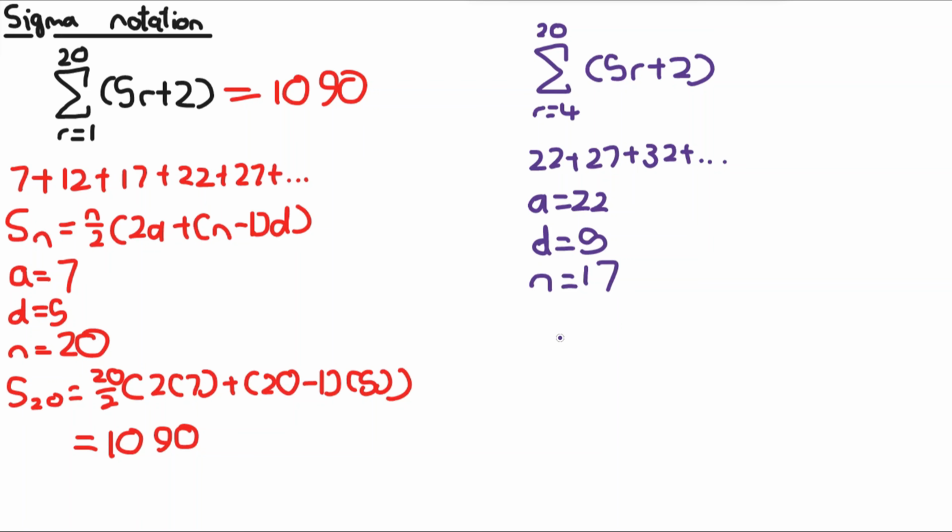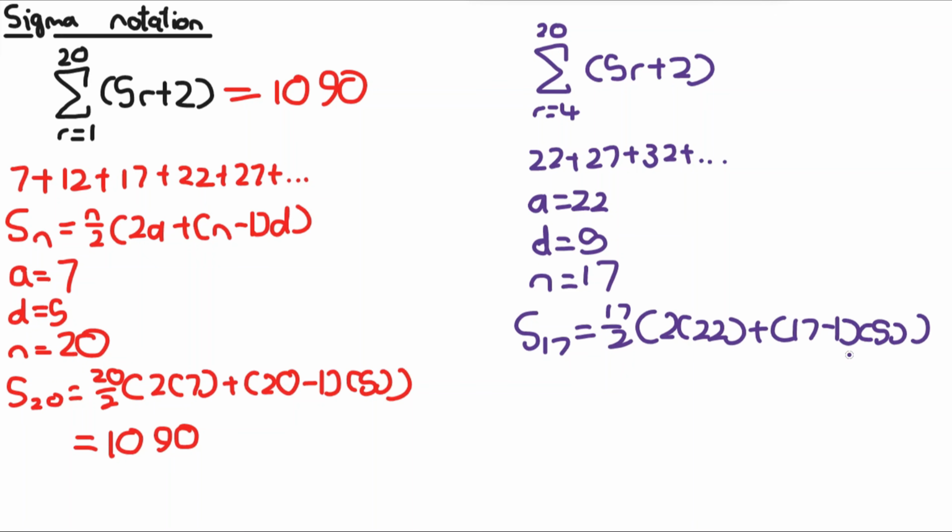And then if we do this, it's going to be s 17 is equal to 17 over 2 of 2 times 22 plus 17 minus 1 times 5. And if you put this into a calculator, it's equal to 1054. So this sigma is equal to 1054.